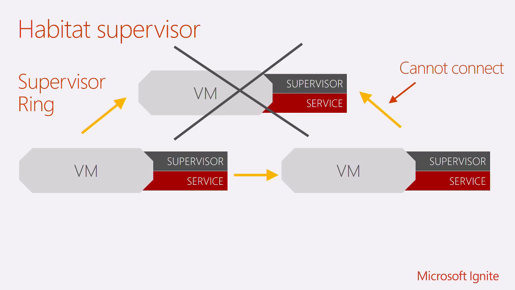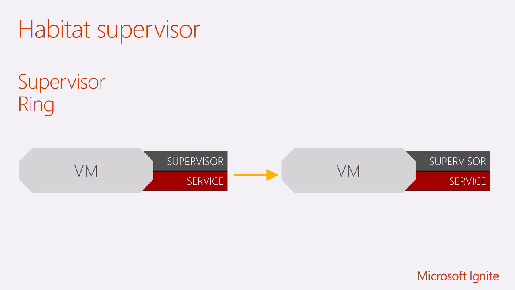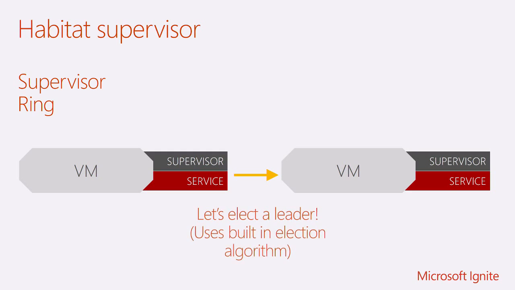The other 2 VMs running that same supervisor are going to notice this when they cannot connect to the leader over that gossip protocol. And they're going to automatically take it out of that supervisor ring. If it's not responding, it's out. So now we have 2 followers, and we've promised a leader-follower topology.